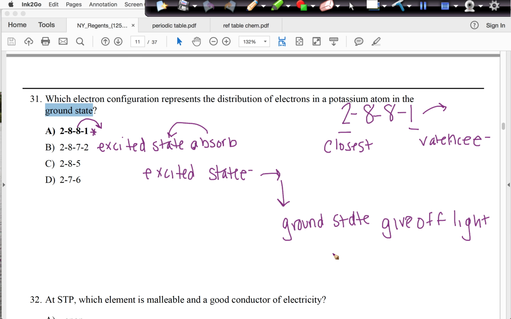And that's how we get the color in fireworks. That's how we get the color in the flame tests.